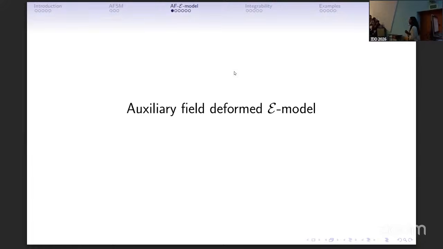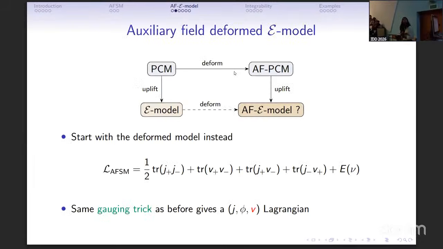So now let's try to use these two tools in order to construct the auxiliary field deformed E model. As I was saying, this is what we started with. We saw how we can take PCM and deform it to go to the auxiliary field deformed model. And apart from that, we can also uplift this to the E model level. But now the idea is, what if we uplift this and that actually gives us the deformed version of the E model itself.